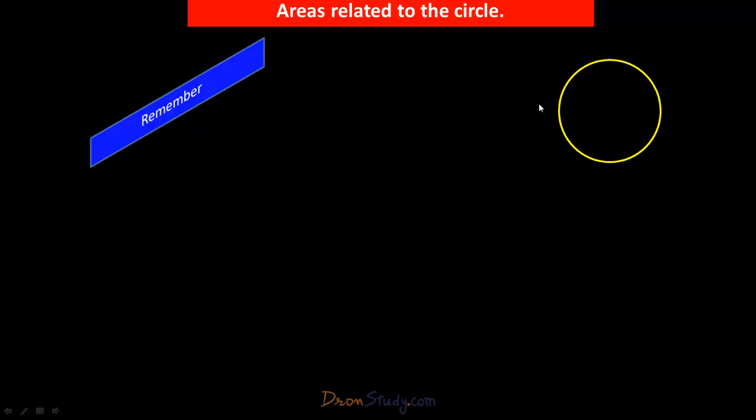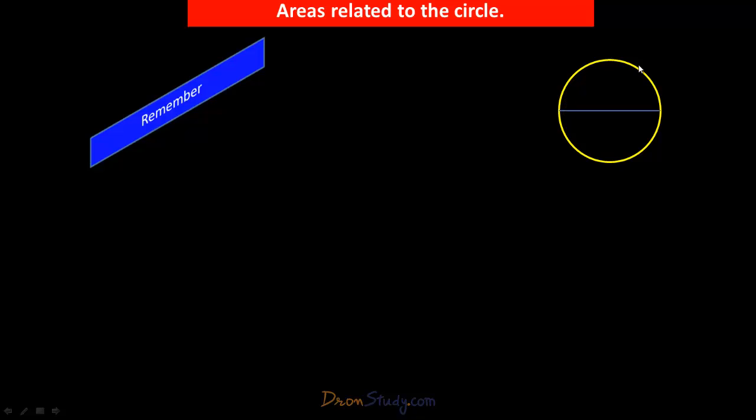This is a circle, and this is the diameter. This diameter divides the circle into two equal parts, and therefore this circumference also gets divided into two equal parts.